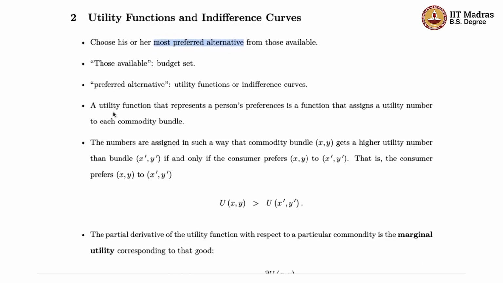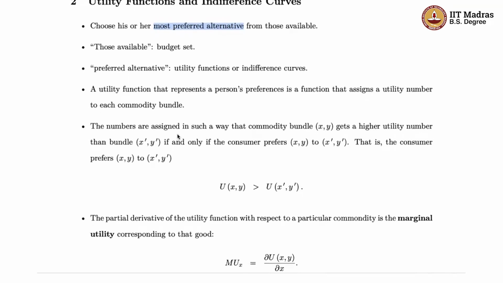So what is a utility function? It is a function that represents a person's preferences, and it assigns a number to each commodity bundle. How are these numbers assigned? The commodity bundle X, Y, remember we are still in this two-good world, gets a higher number than another bundle X prime, Y prime if and only if the consumer prefers bundle X, Y to X prime, Y prime.